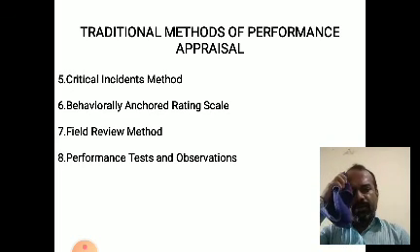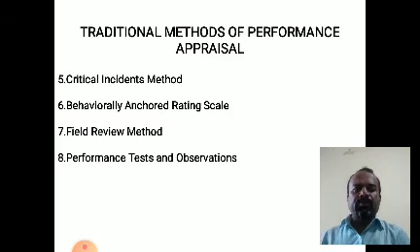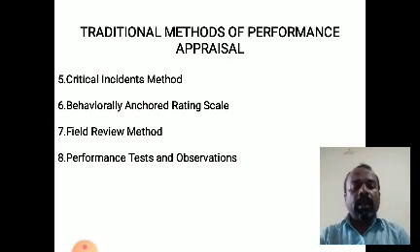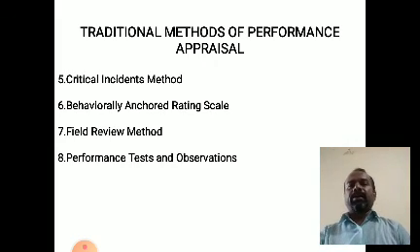Here also we are going to use the rating scale method, using 1 to 5, with poor and best, good, or you may use agree, disagree, poor, good, best, better, like that from 1 to 5, or poor to excellent. They are going to rate it while making the performance appraisal of that employee.